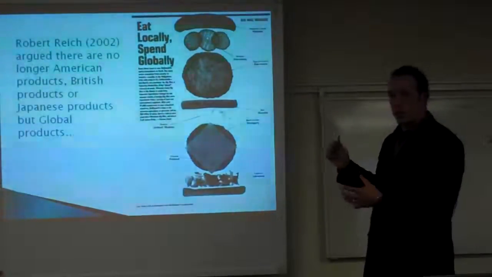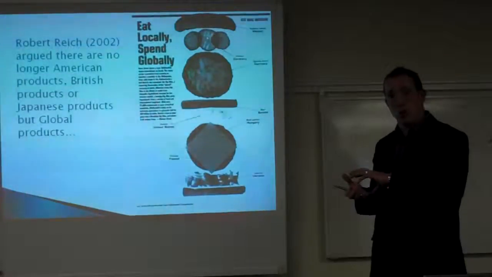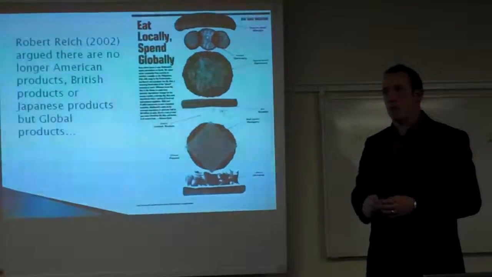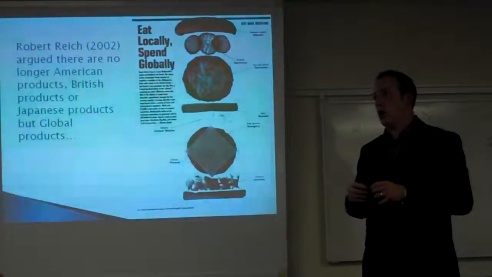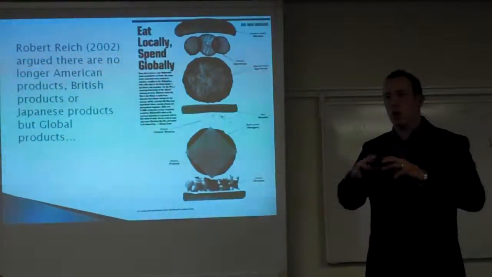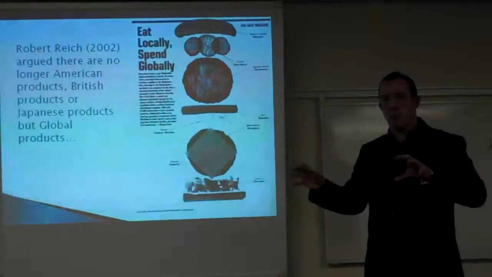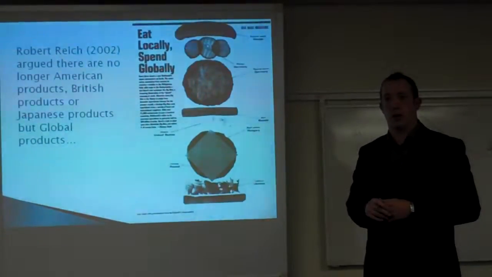So it's a true multinational burger that goes into one product, and that can be the same as Airbus, as Lego, as Gillette, as we talked about earlier. These global companies produce elements of their products all over the world, as we see today.